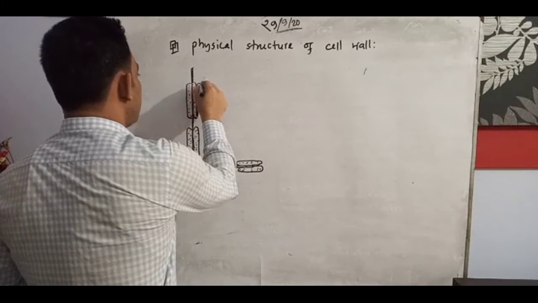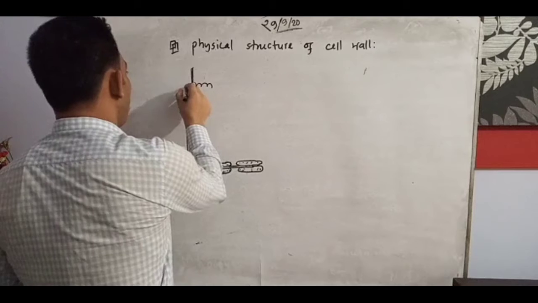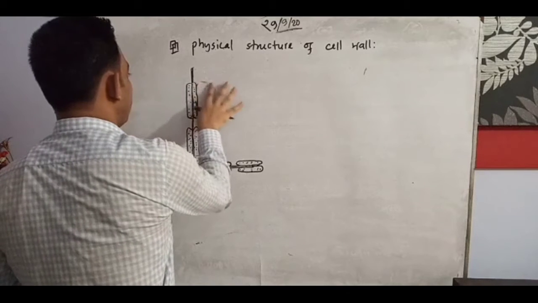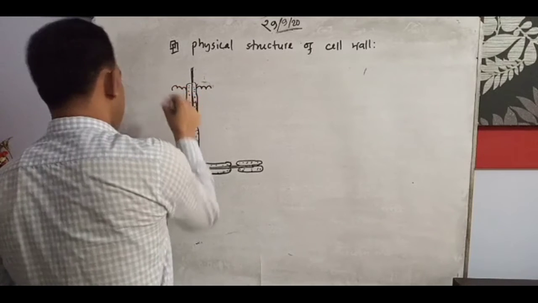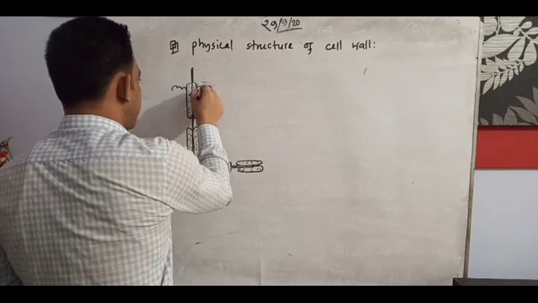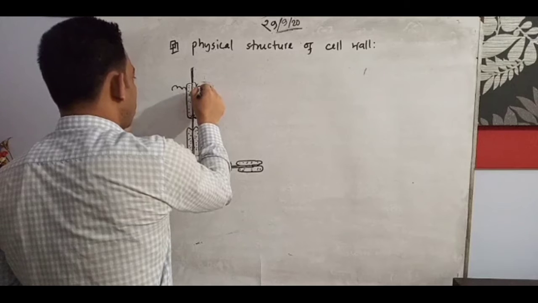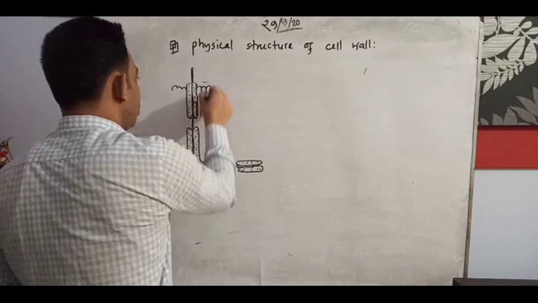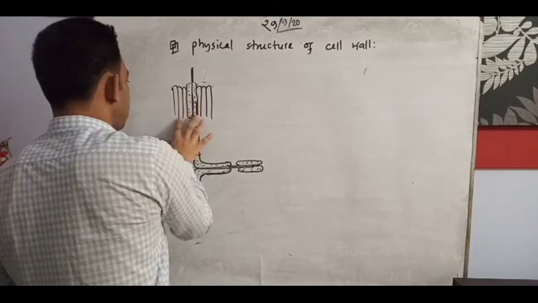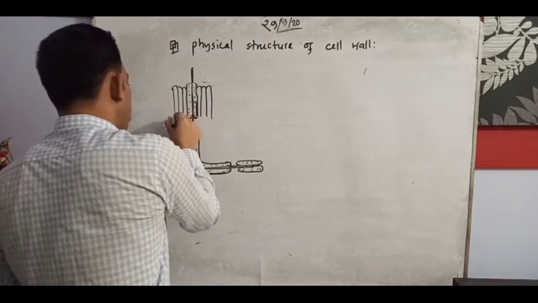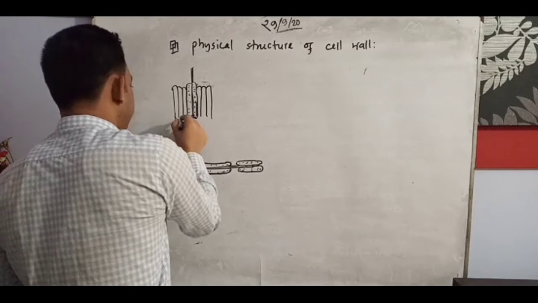One, two, three. One, you can draw this way. One, two, three. Then straight upward, and that one. One, two, three. I just try to show you in which way you can draw your figure.